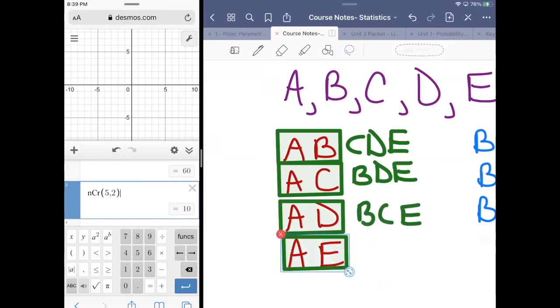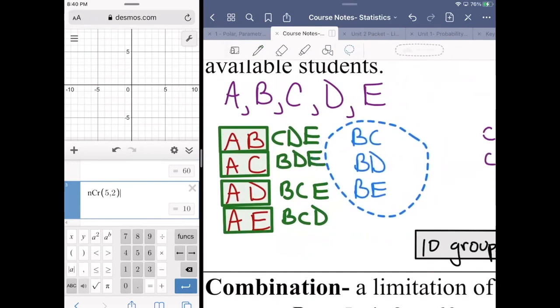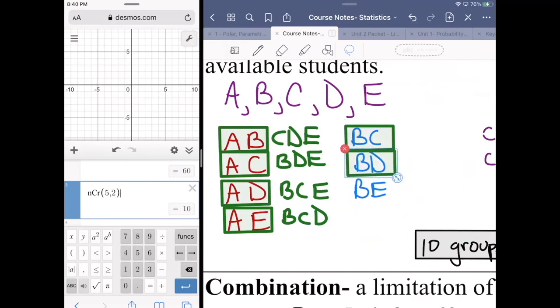And as tedious as this is, I'm still going to go through it because I'm really just relying on work that I did for a previous answer to help me with this one. So BCD. So long story short, I wouldn't even have to come up with this entire list in order to know it's going to be the same answer. So my good-looking answer of 10 groups, I can still keep that.